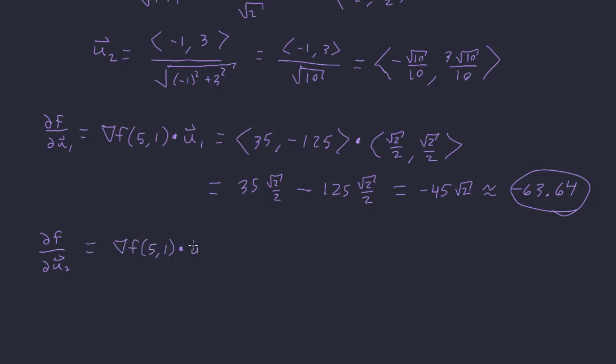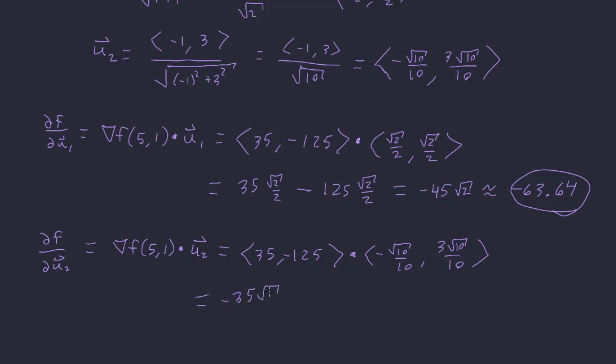Now let's do the directional derivative in the direction of u2, which is done the same way. We take the gradient, we dot it with u2, and in this case u2 is this vector here, negative root 10 over 10, comma, 3 root 10 over 10.